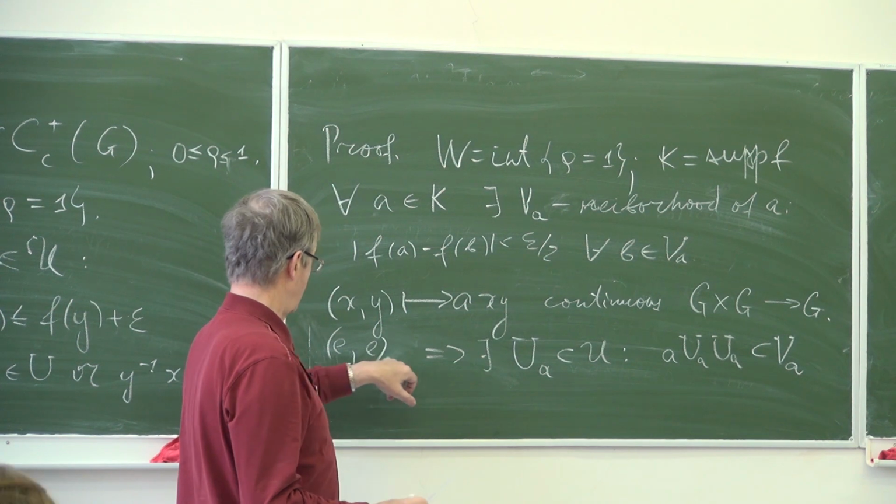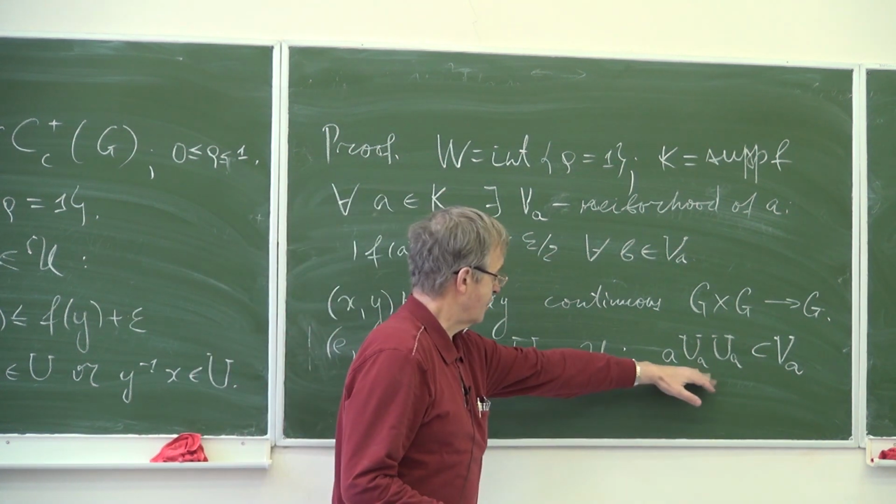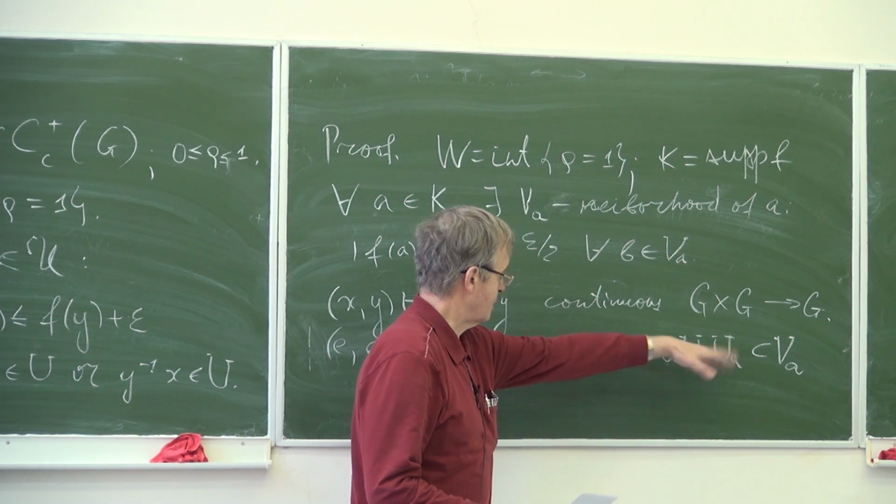So we find a neighborhood of unity such that we have this. Of course, this is the neighborhood of a. So, okay.